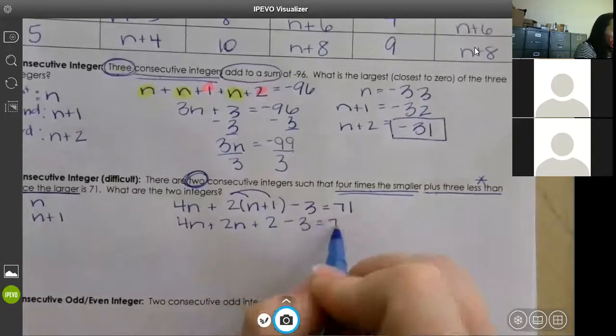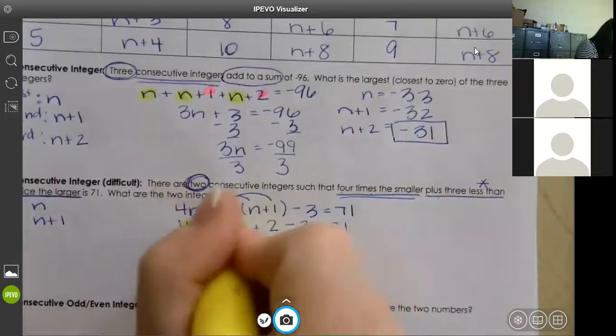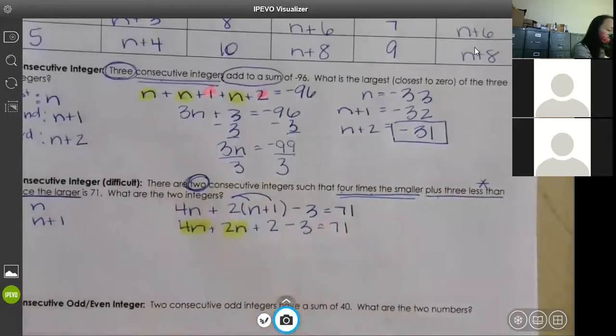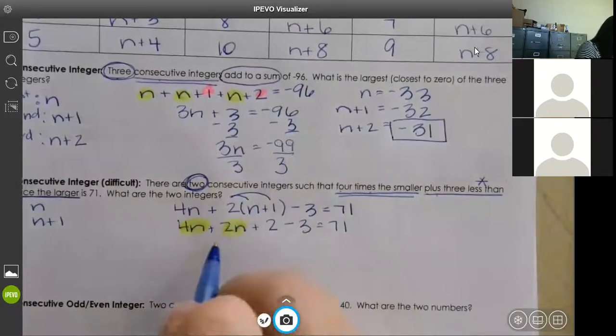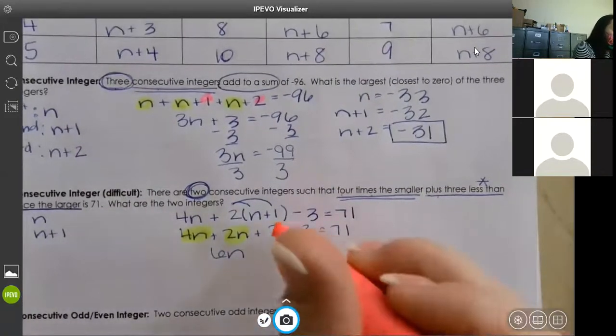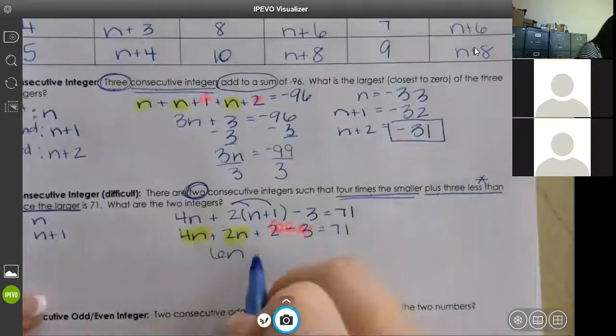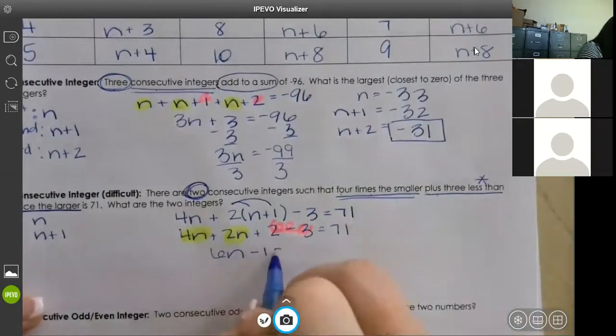Minus 3 equals 71. Now it's just like your perimeter problems. We're going to add our n's up. We have 4 plus 2n, which is 6. Perfect. And then we have 2 minus 3. What kind of 1? Negative 1.